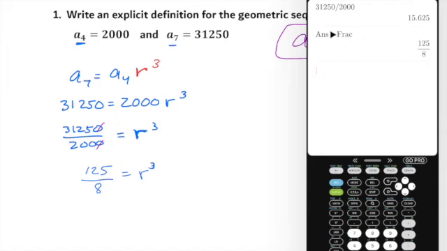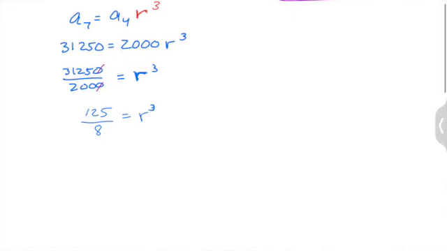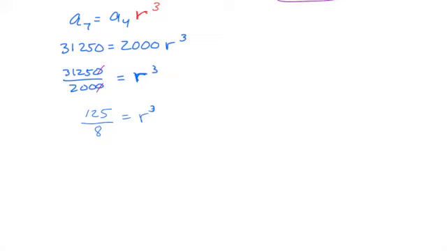I like to see this one in fraction form, because now to solve for it, I'm taking the cube root. And to me, it's a lot easier to take the cube root of this fraction than it is to think about taking the cube root of a decimal.